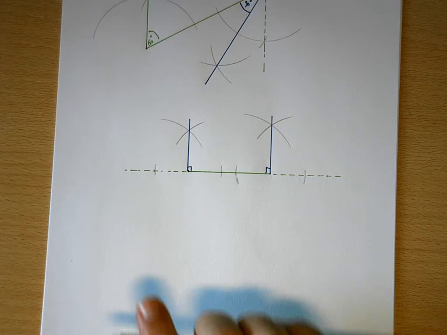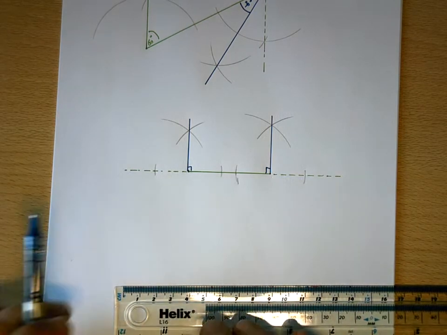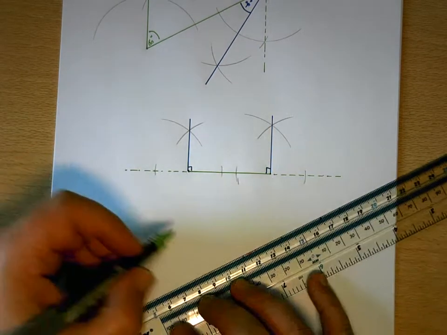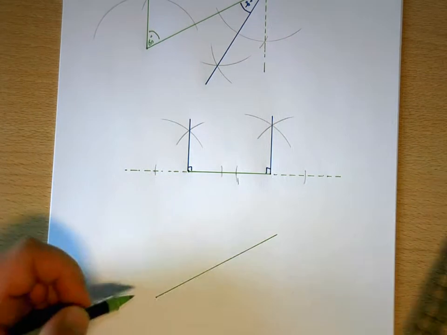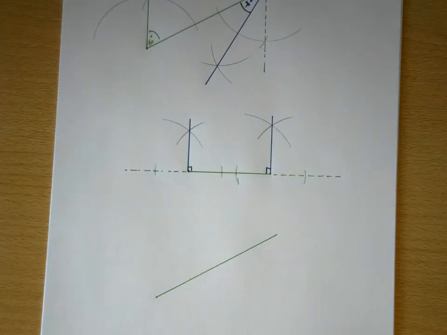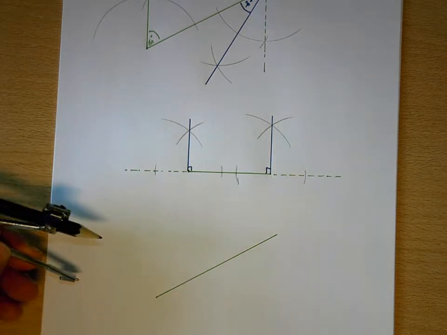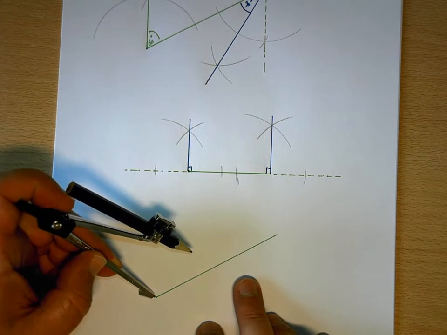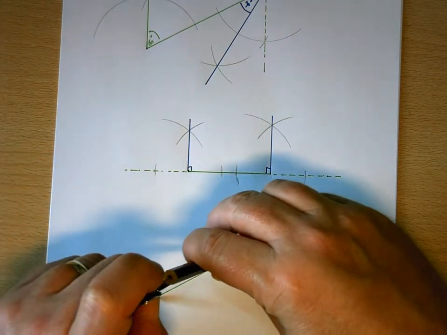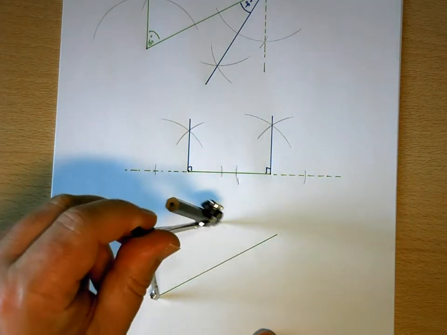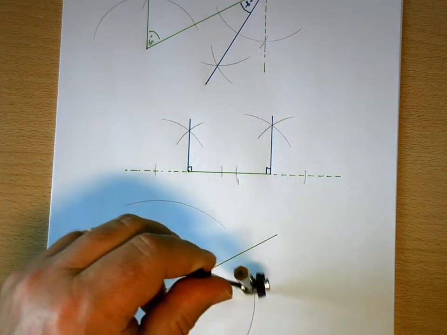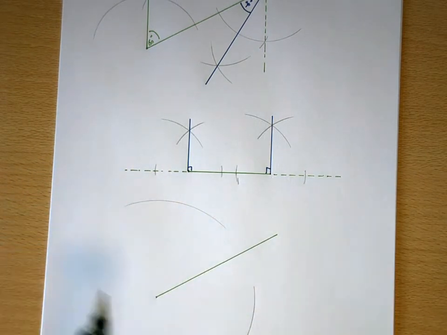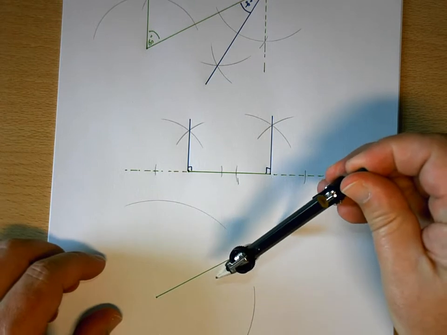In loci, and I've done plenty of videos on loci, if you need to bisect a line, let's say we want to cut that line in half with a perpendicular bisector, this is where, when you open your compass, it needs to be over halfway. You need to cross the halfway line, so make that visible, and then you want these arcs on both sides of the line.